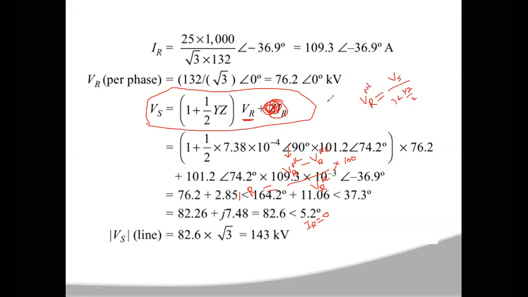Under no load condition, your IR value becomes 0. So the VR under no load condition will be Vs by 1 plus Yz by 2. So this value is equal to A only. We developed the voltage regulation formula in the previous lecture itself.